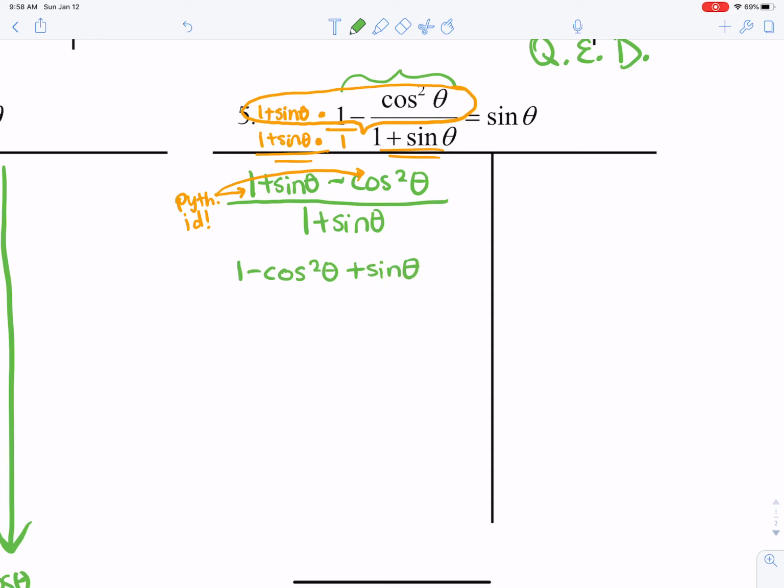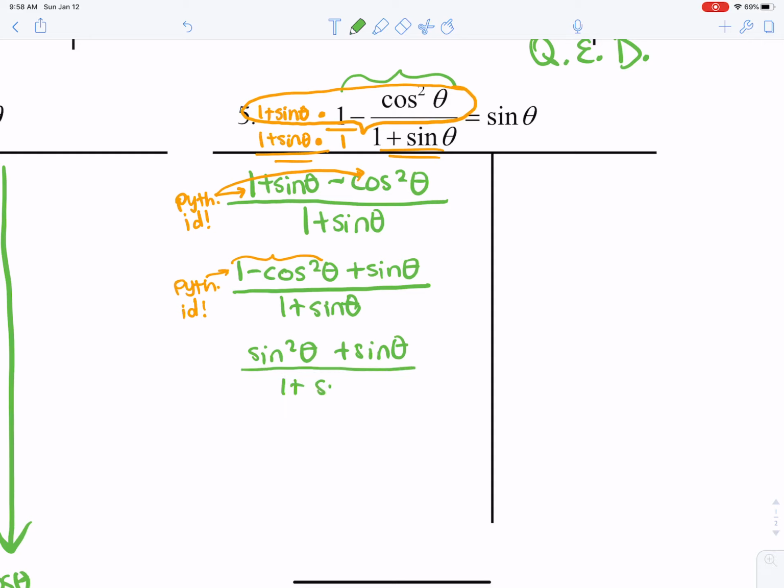I just literally rearranged it. And so now we have a true Pythagorean identity, this part right here. And we can rewrite it, but don't forget about your denominator, 1 plus sine theta. All right, so now rewriting that is sine squared theta plus sine theta all over 1 plus sine theta.